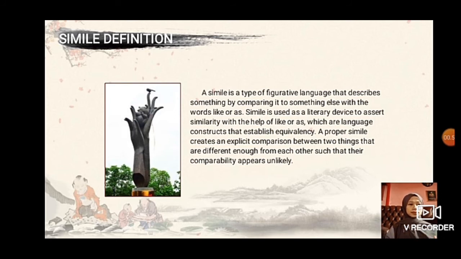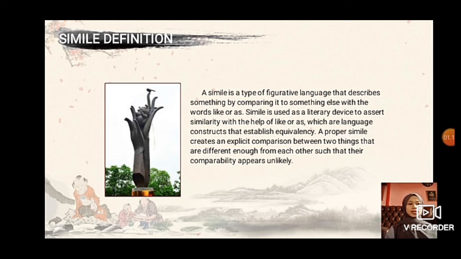A proper simile creates an explicit comparison between two things that are different enough from each other such that their comparability appears unlikely.